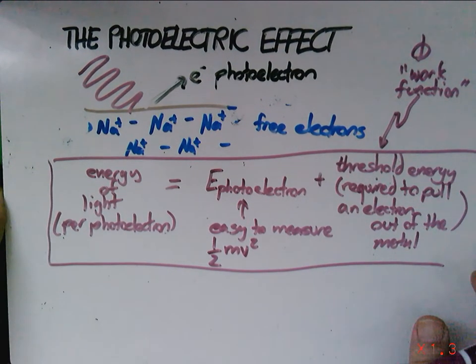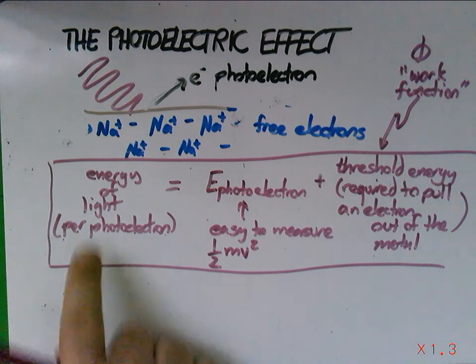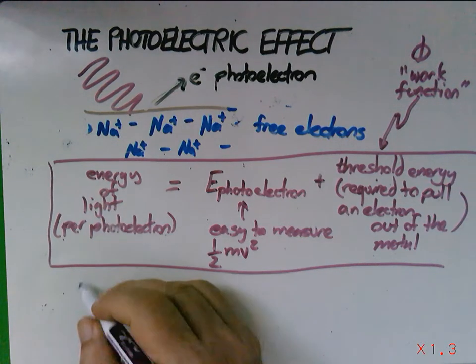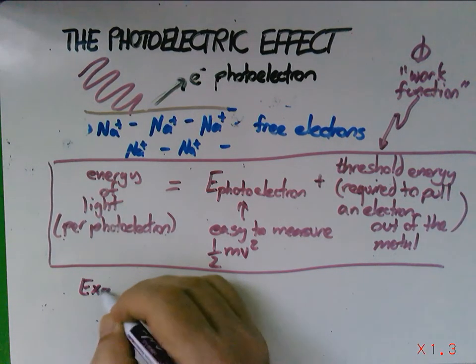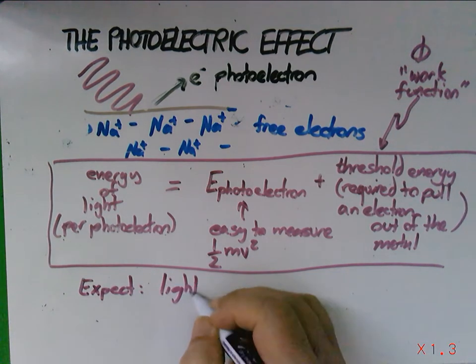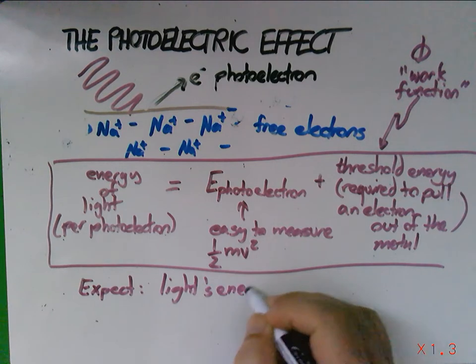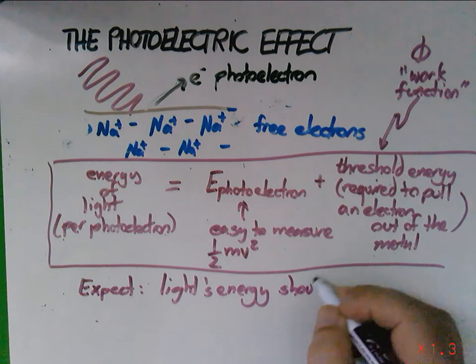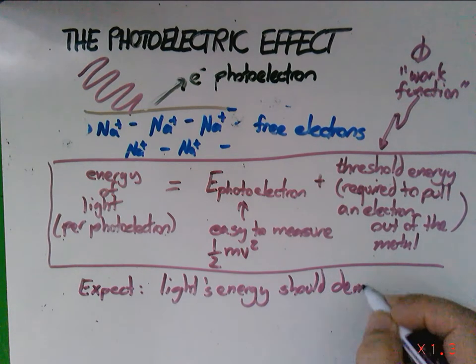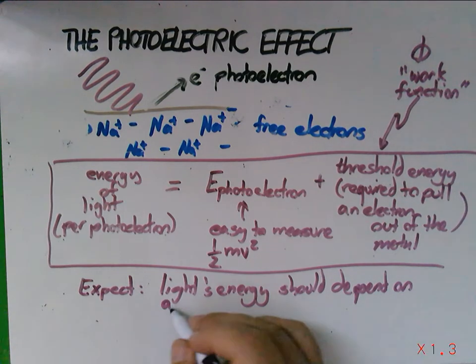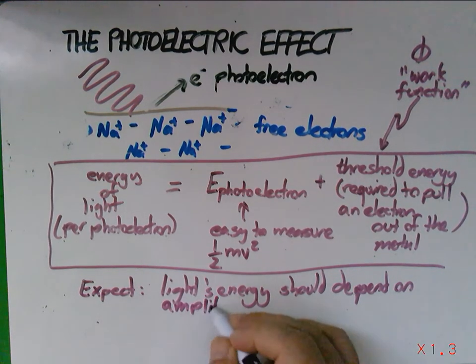So, what do we expect to happen here? You'd expect that the energy of the light would depend on the amplitude of the light. Why do we expect that?